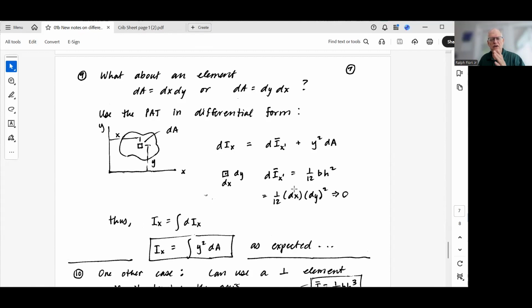And so all of these differential lengths go to 0, so my di bar term is 0. And so I'm left with y squared dA about the x-axis, and x squared dA about the y-axis. So it works nicely for the double integral.